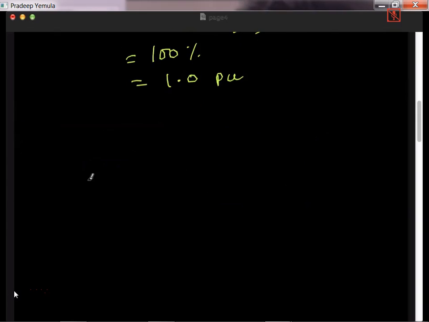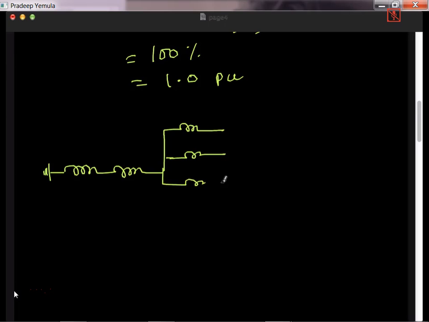Now if I redraw the circuit with the ground here, I have a generator and a transformer. Then I have the 4 motors, 1, 2, 3 and 4, which are also connected to the ground. So this is j1 per unit, this is j1 per unit.